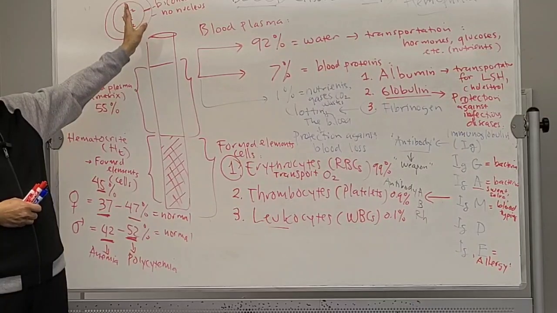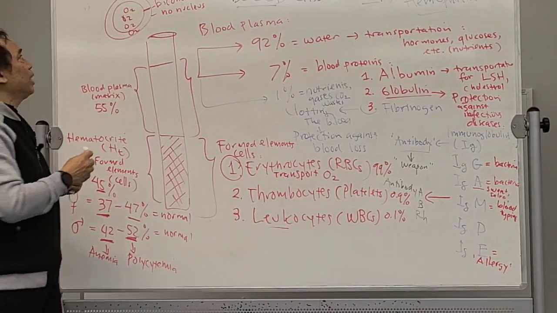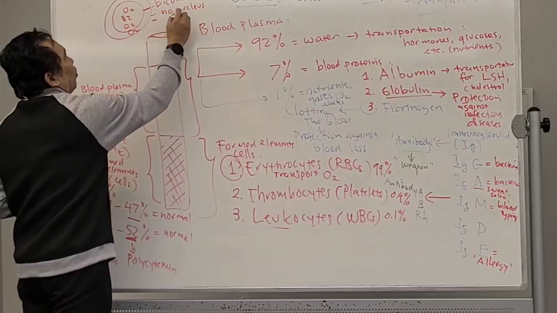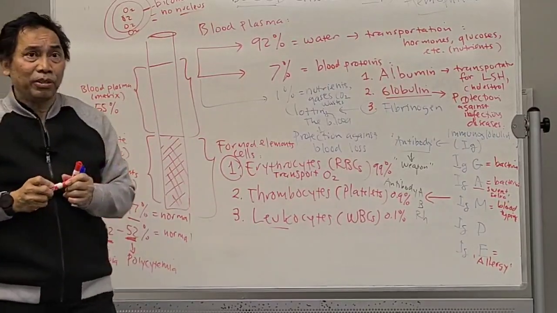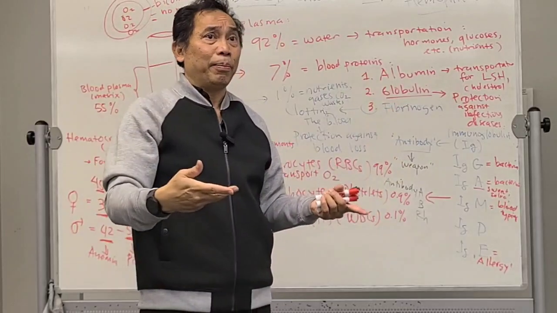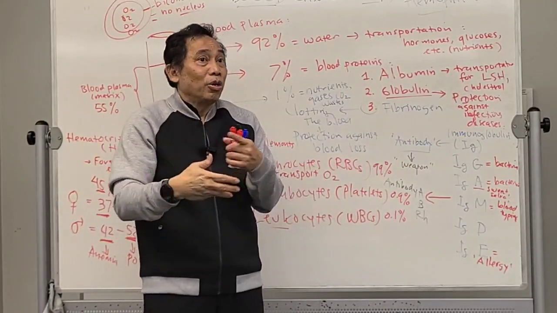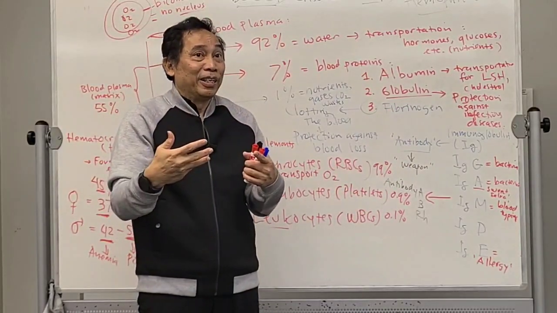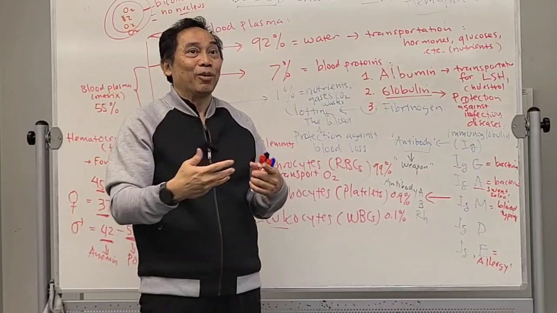Are you with me? Therefore, what happens if the cell does not have a nucleus? Do you think it will stay forever, or will it die sometime? If there is no control center in the cell, there is no process in the cell. What happens to the cell?